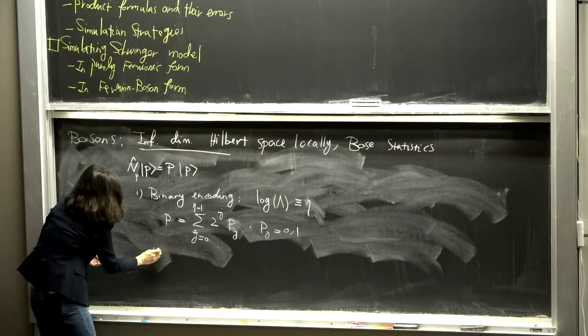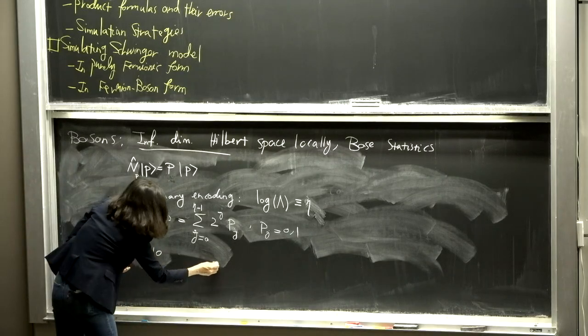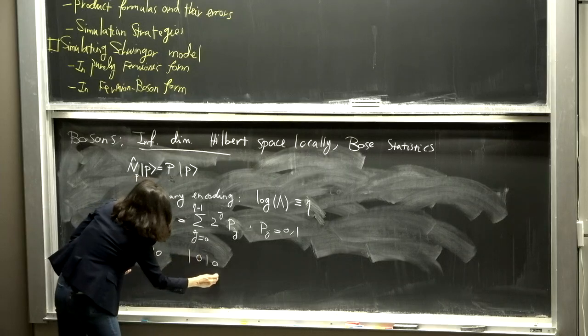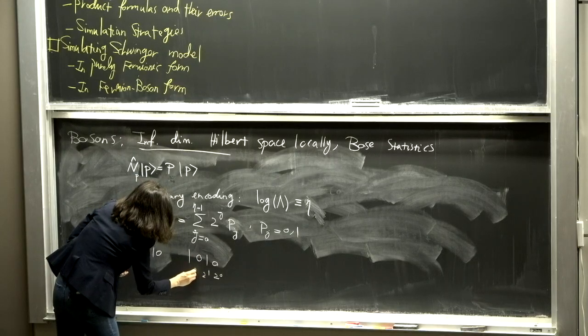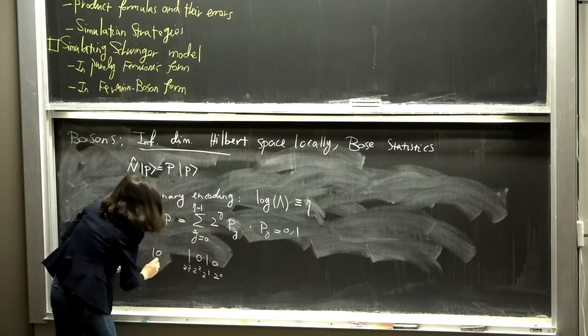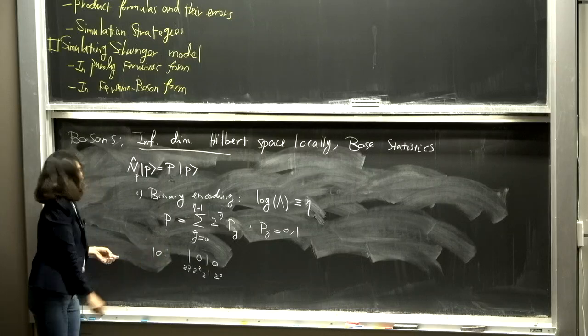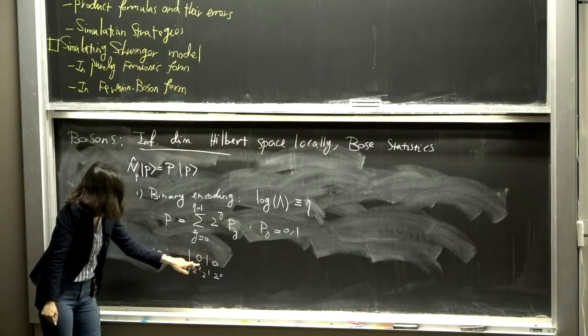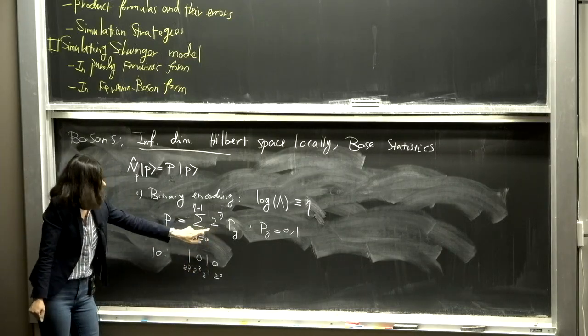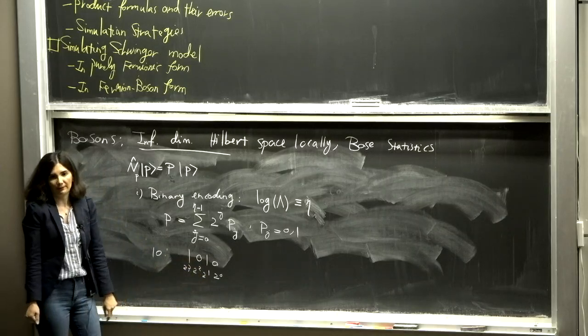Let's say I have number 10, and then you have 0, 1, 0, 1, where these are 2 to the 0, 2 to the 1, 2 to the 2, 2 to the 3, and so on. It says that these numbers are your pj's, and this is your 2 to the j's.